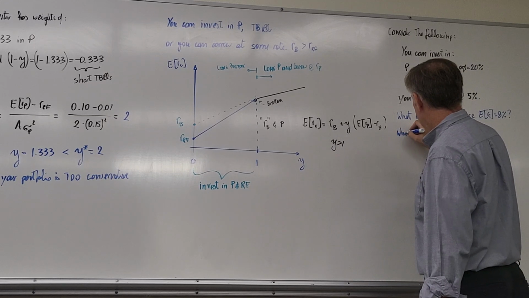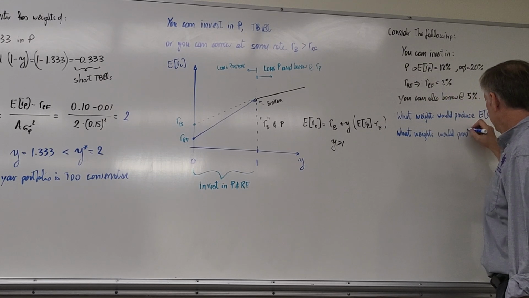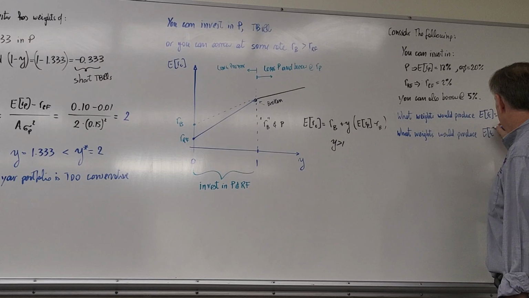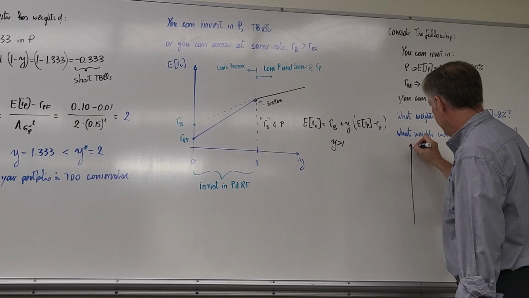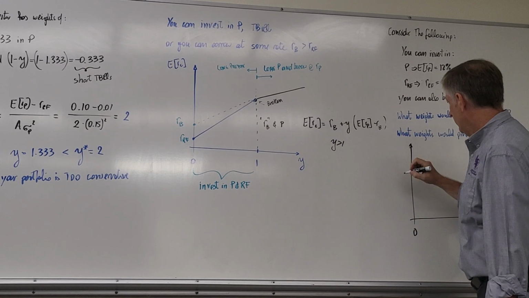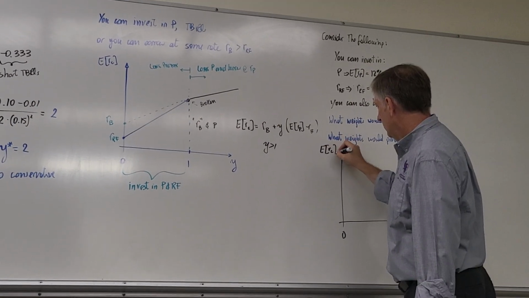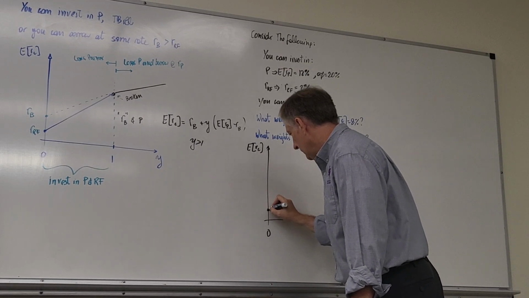And what weights would produce an expected return of C of 14%? Okay. So I would start with a graph just to figure out what's going on here. So let's see, if I invest only in T-bills, my return will be 2%.